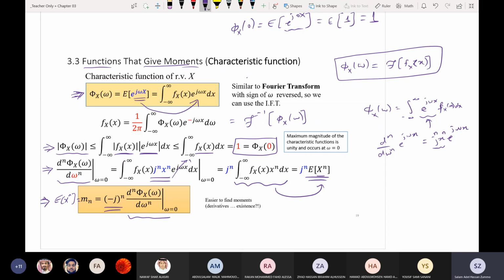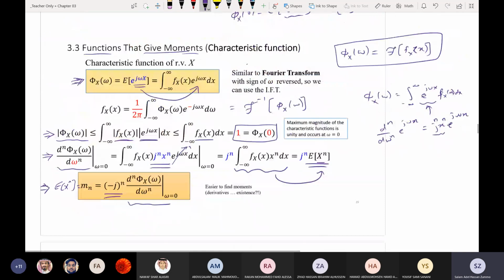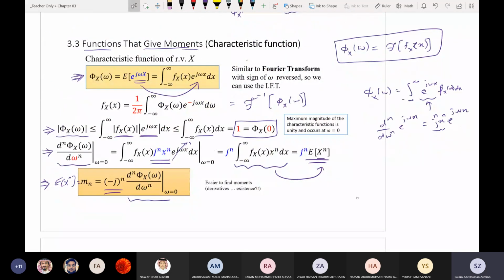The advantage is that it is much easier to differentiate a function n times compared to integrating a complicated function. As you have seen in the exponential PDF, to find the second moment we had to integrate by parts twice. Imagine more complicated functions. Differentiation is always much easier than integration.